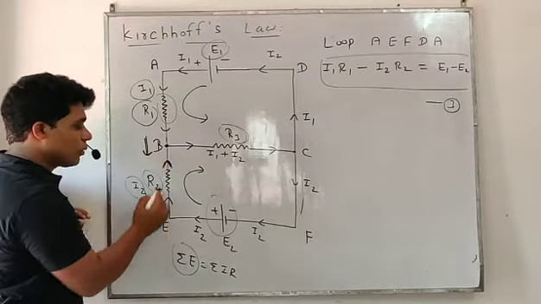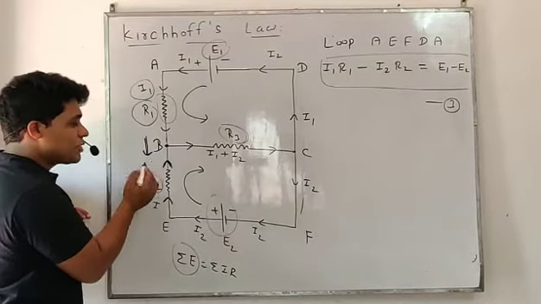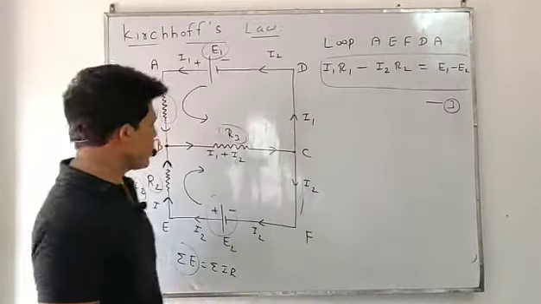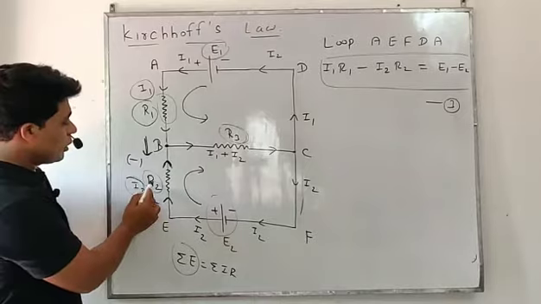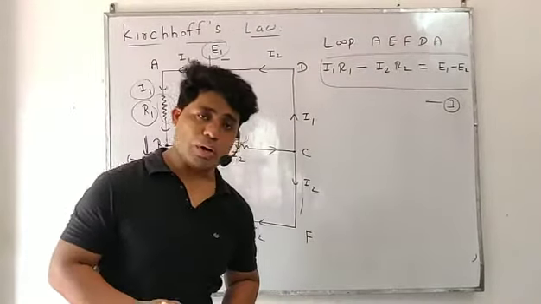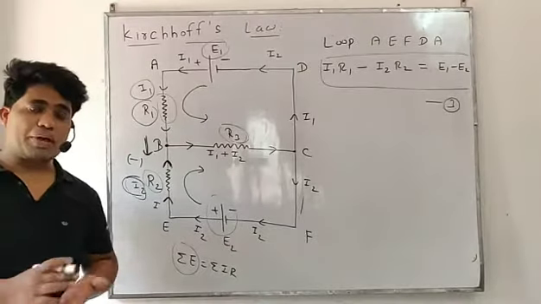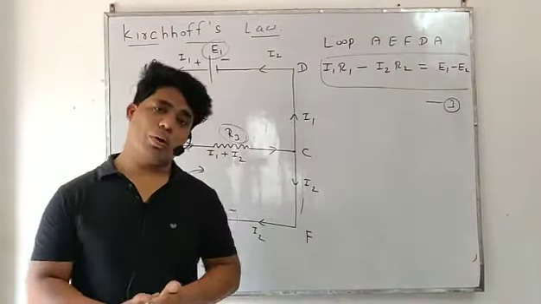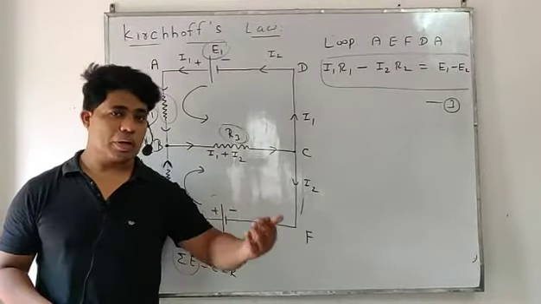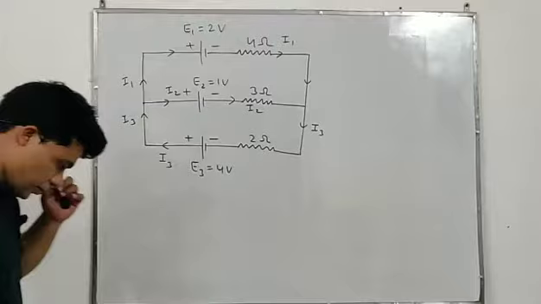The R direction and the direction of current are opposite. That's why we use the minus sign. So here we write minus sign, current I2, resistance R2, so we write minus I2 R2. In this way you can apply Kirchhoff's second law, the loop law, in any circuit, and we can get the amount of current I1 and I2. If I3 is there, I3 also.